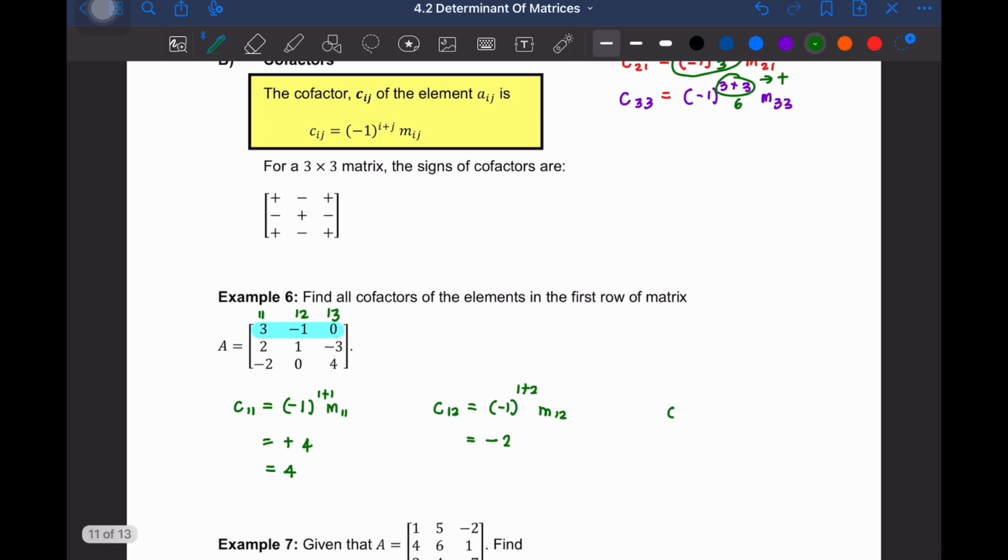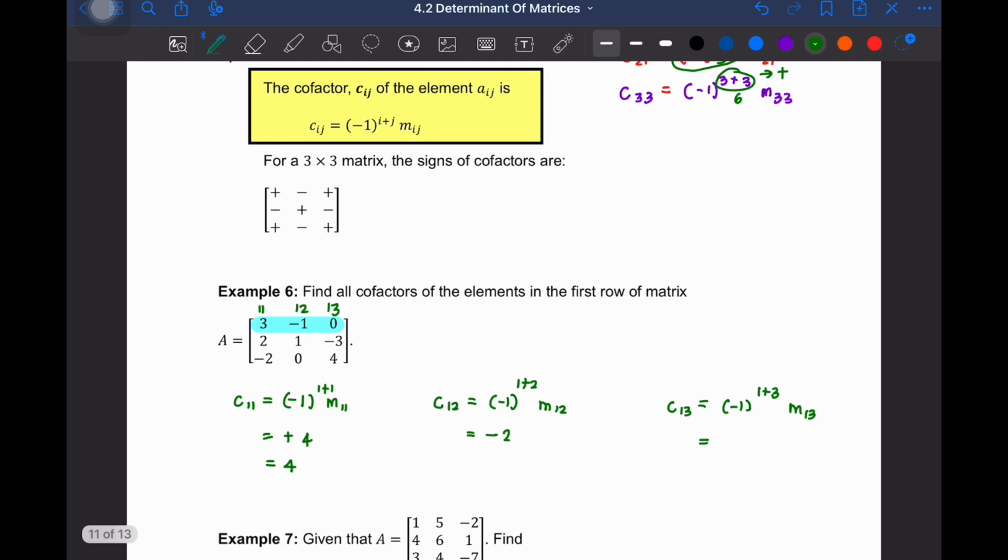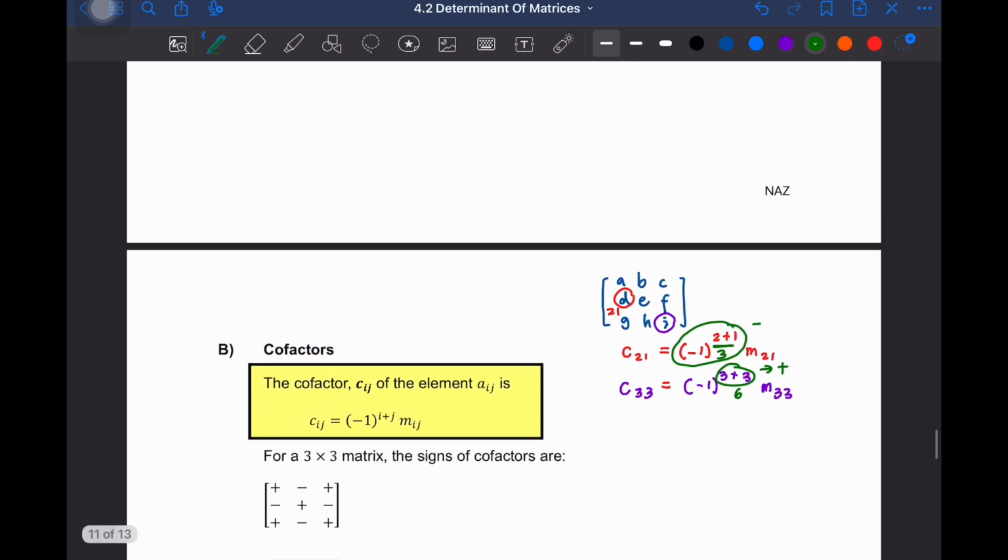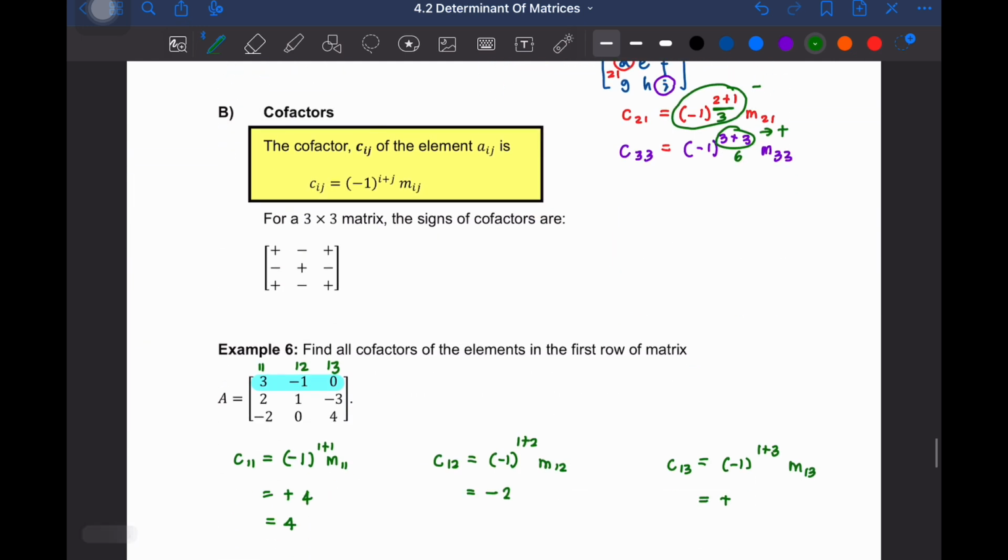And then the last one is C13. For C13, we have negative 1 to the power of 1 plus 3, and then M13. This is equal to negative 1 to the power of 4, so we have positive, and our minor at 13 is 2. So our answer is just 2.